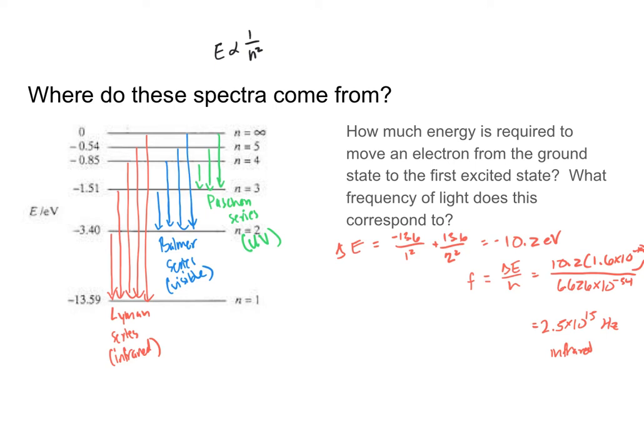Because we're dividing by n squared versus n, the energy difference between higher energy levels is going to be lower than the difference between lower energy levels. For example, the energy difference between n equals 5 and n equals 4 is much smaller than the difference between n equals 1 and n equals 2. So keep in mind when you're drawing your atomic spectrum for an atom that you should have bigger gaps that then decrease over time.